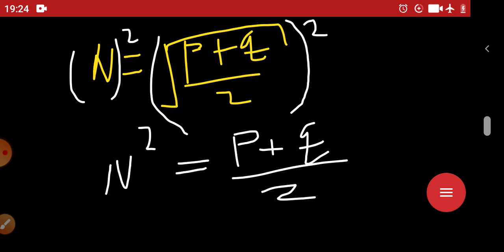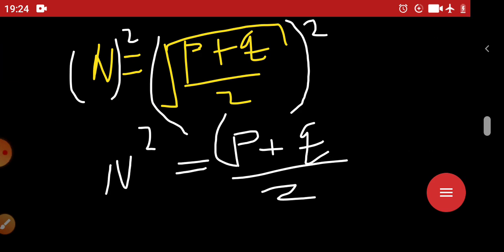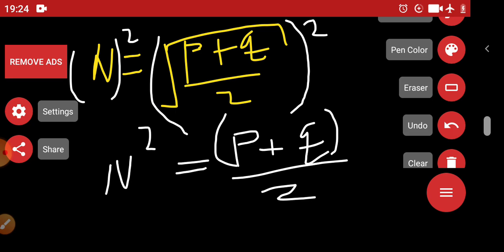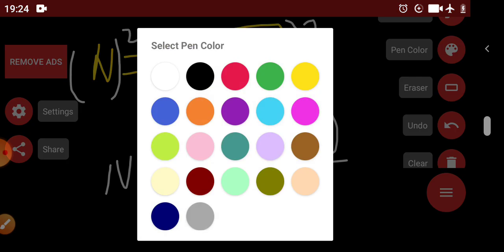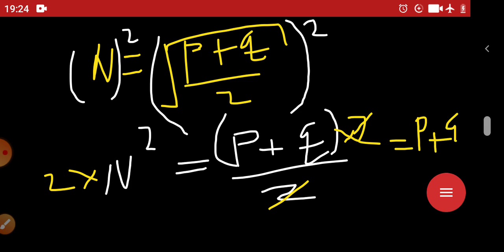So here you know that because we want p the subject of the formula, we multiply by 2 both sides, so that this cancels this, and this side we have p plus q. So what do we have? We have 2n squared is equal to p plus q.